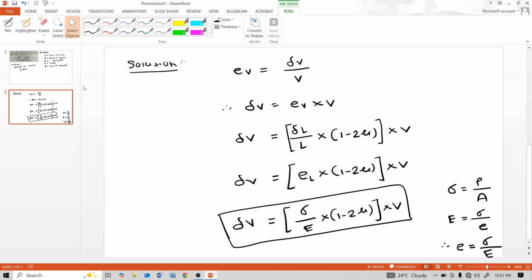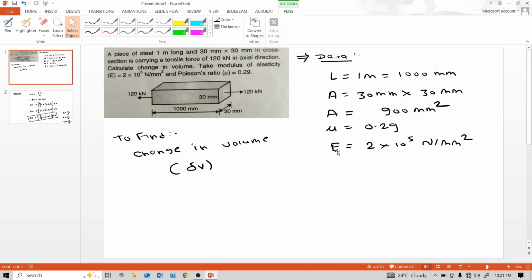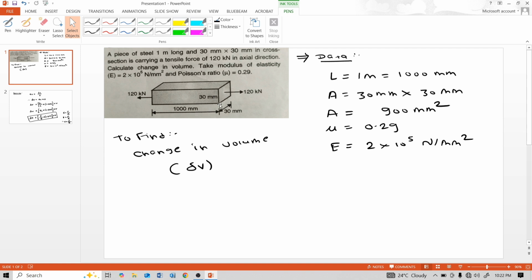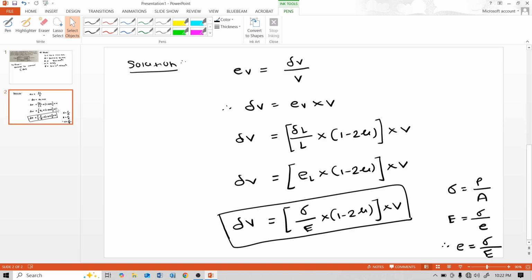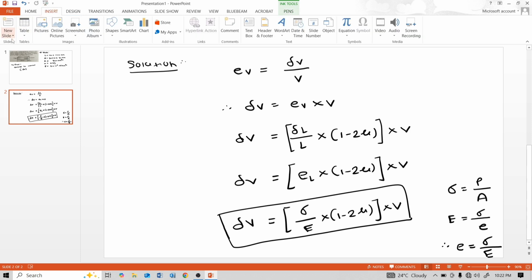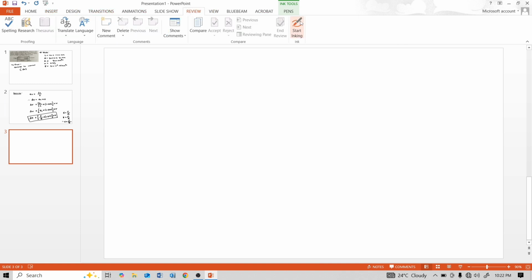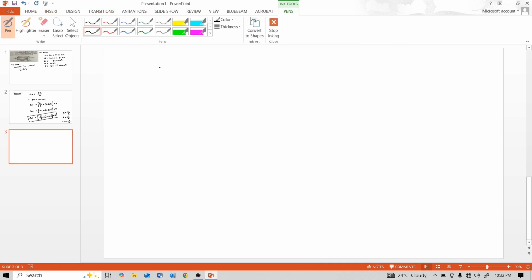So in the numerical we have Young's modulus, Poisson's ratio and original volume also, see in diagram. We have to calculate stress. Stress is load upon area.